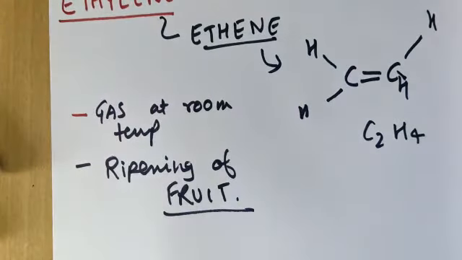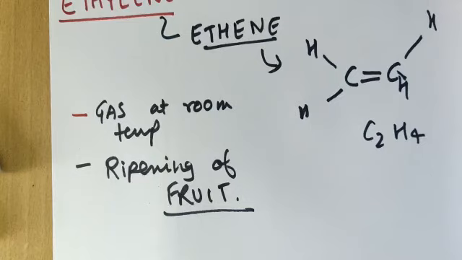You might have noticed, or your moms might have noticed, that whenever they keep a banana or an orange in front of some other raw fruits, those raw fruits tend to ripen very fast. That's because at room temperature, ethylene is a gas, and fruits like bananas and oranges release that gas named ethylene.